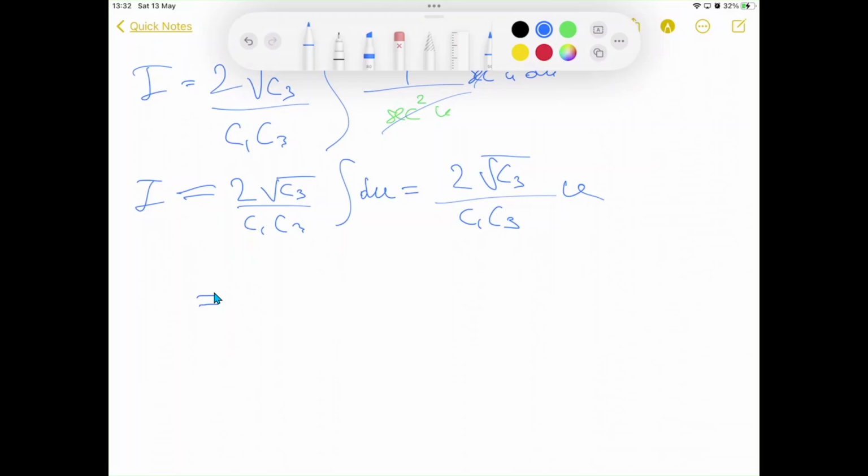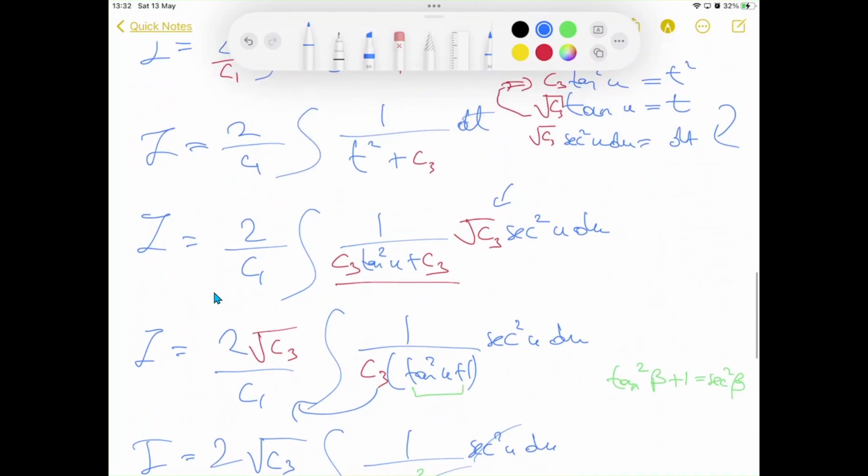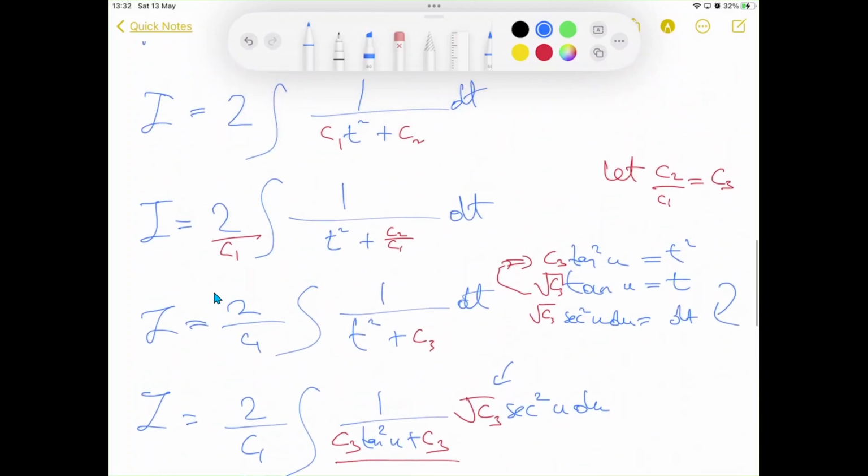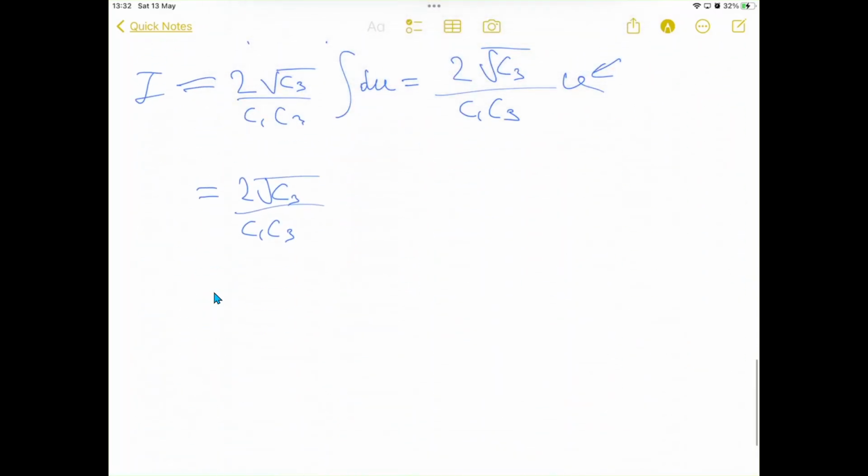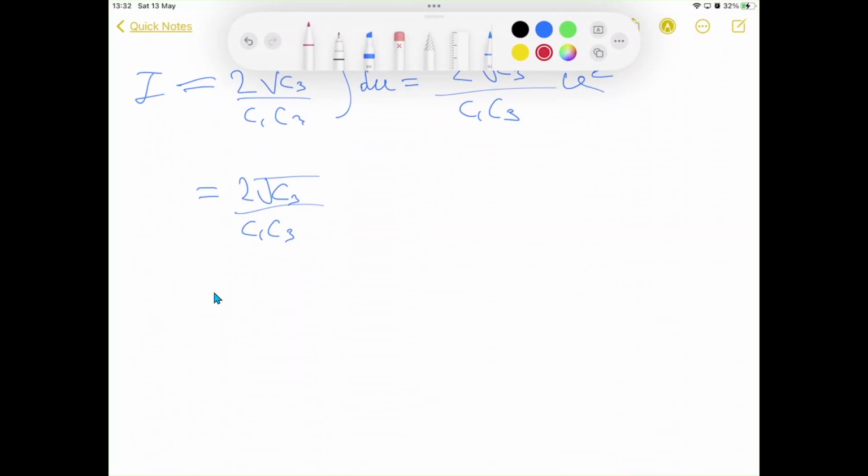Actually, let's first replace the variable, then we can focus on the constants. So what is u equal to? Well, if we scroll up for a second, root of c3 tan of u equals t. So if I write that here, root of c3 tan of u equals t.